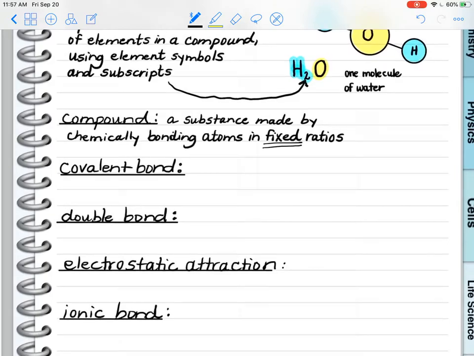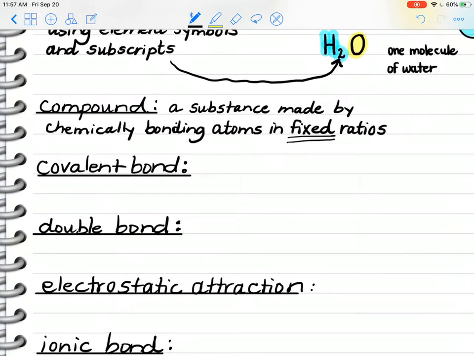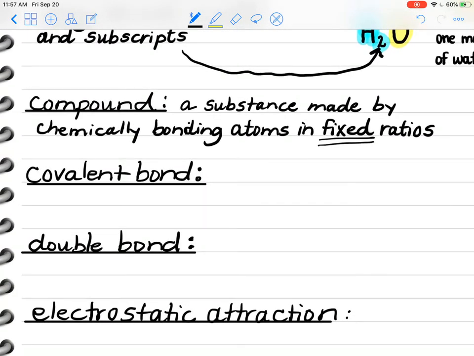Okay, moving on to covalent bond. A covalent bond is an attraction between atoms that share electrons. I'm going to draw you a picture of that.